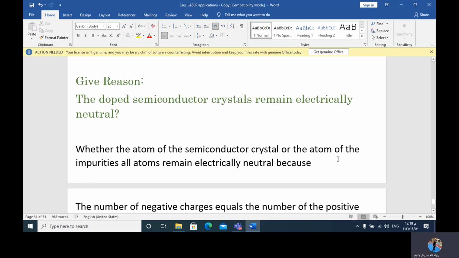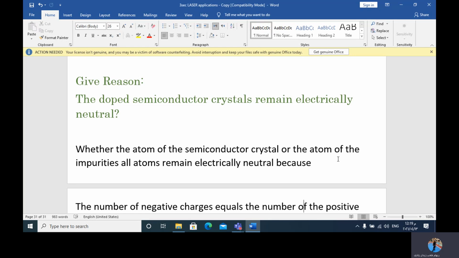We should give the reason why, by doping, semiconductor crystals remain electrically neutral. Which means that I add impurities, but the crystal is still electrically neutral. How can I provide the crystal with impurity and still have an electrically neutral crystal?